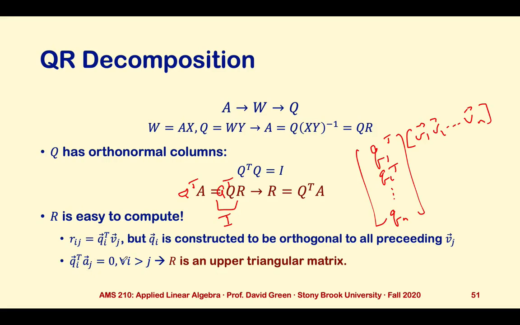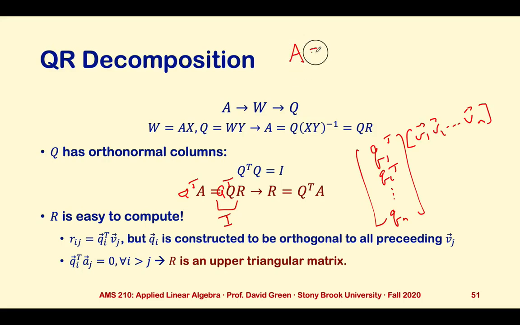In fact, every time J, the VI, is less than I, we will have 0. This tells us that R has a structure to it. R is an upper triangular matrix. This wasn't something we set out to do, but we find that it results.